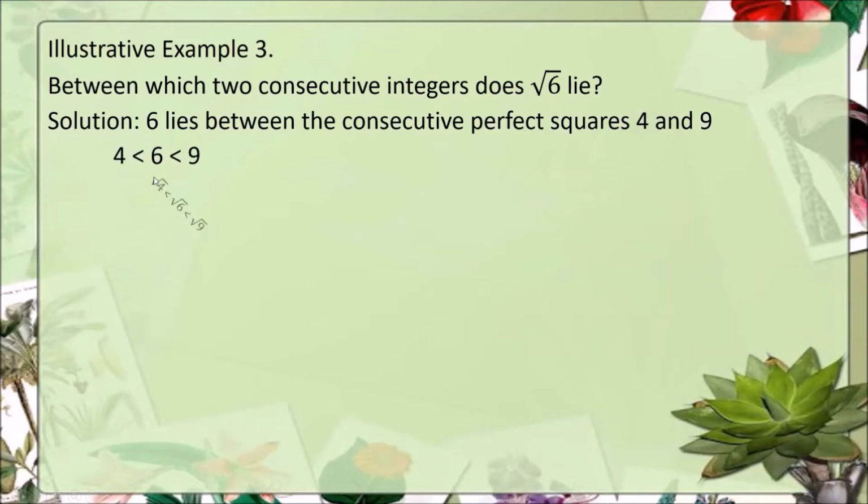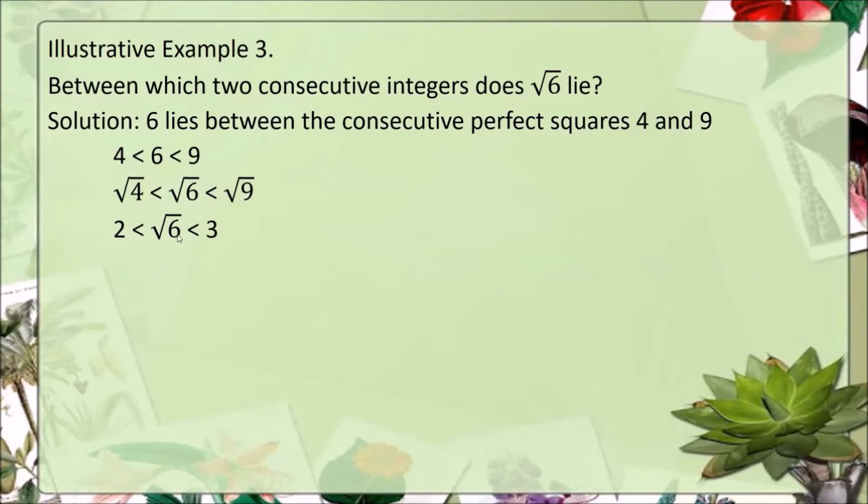Bakit? Square root of 4 is less than square root of 6, which is less than square root of 9. Square root ng 4 ay 2 because 2 times 2 is equal to 4, or 2 squared is equal to 4.